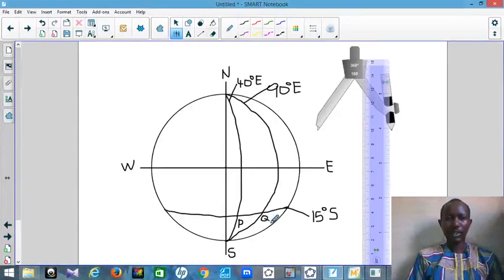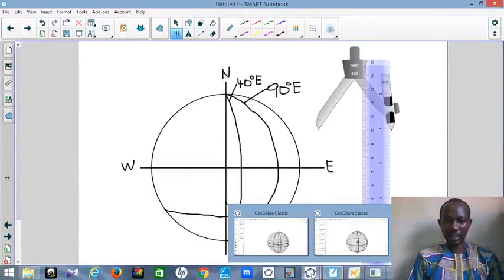Now the angle you need is this angle between P and Q. This is the small angle you need. Remember, this is your 0 line. So from 0 to this point, let's assume here as our center. Remember this curve, this 15 degree went round. That's why I'm taking somewhere here as my center.